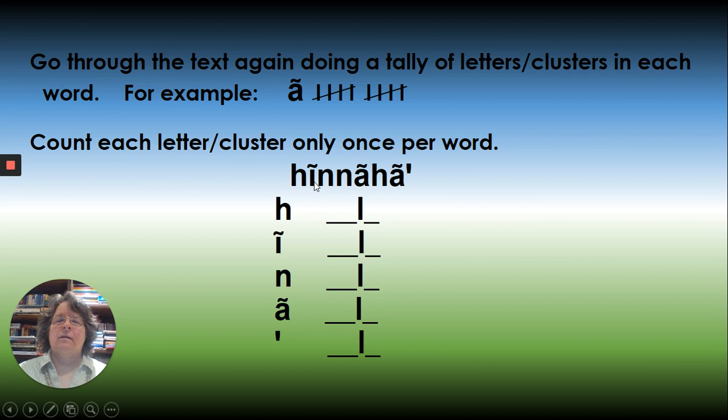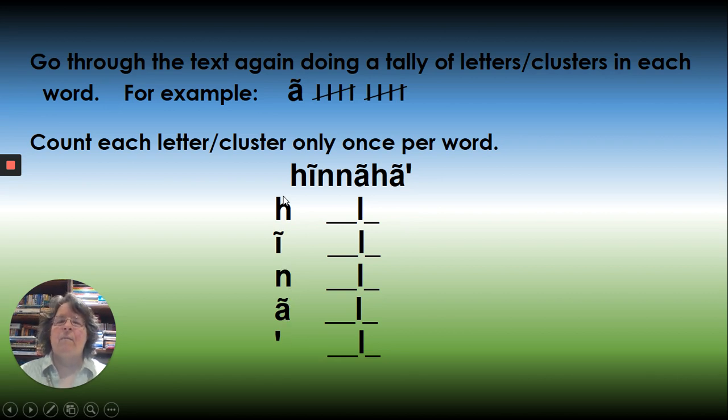Now, what I mean by that. Take, for example, this word from the Mashaki language. I have 1 mark for the tilde I, 1 mark for the N. We have the N twice, but we're only going to count it once. Then the A tilde, count it.